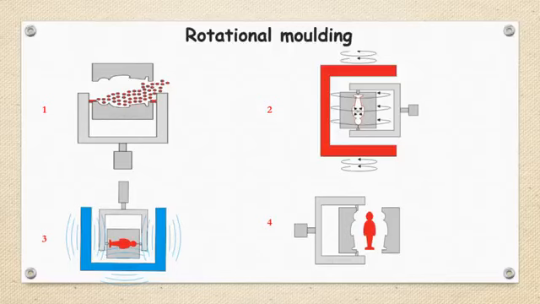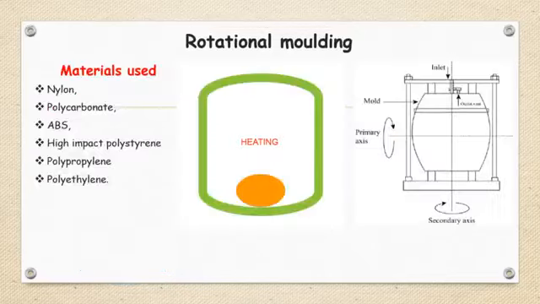This solidified product, in the fourth or last step, is removed by the ejection process, or taken out by moving the two mold halves apart, and you get the component of the exact size and shape of your mold cavity.